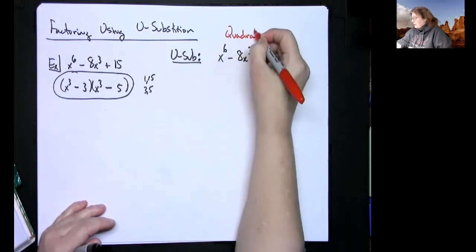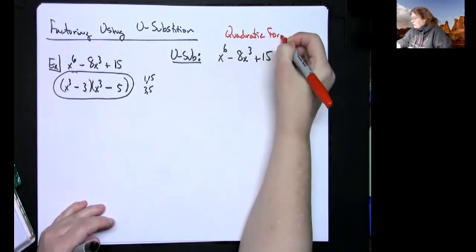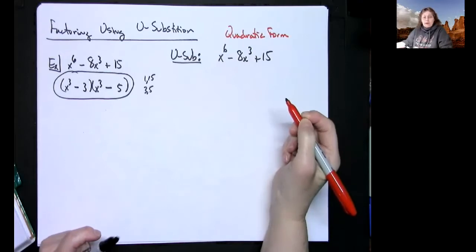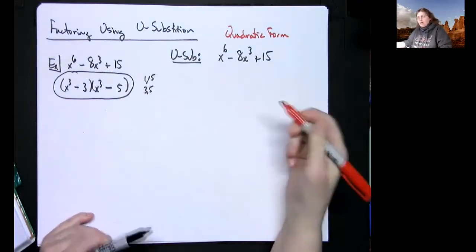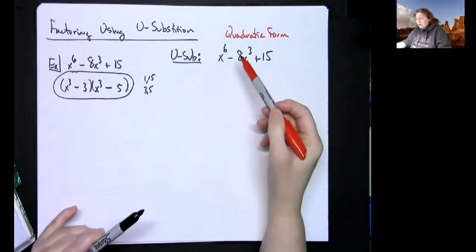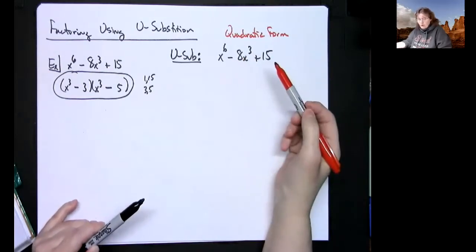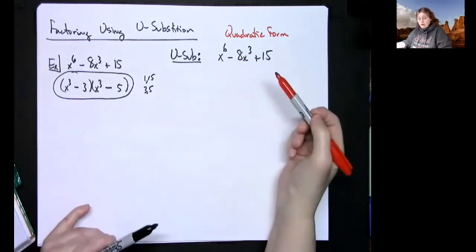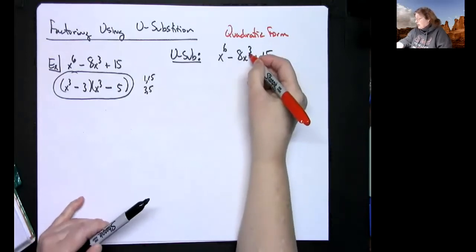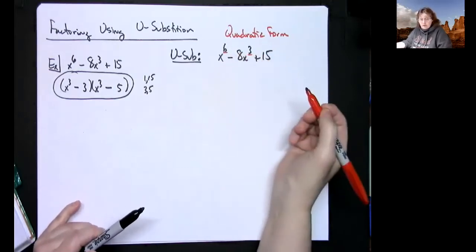Later in this chapter, or maybe in another chapter actually, we will deal with solving equations in quadratic form using this U substitution. So first of all, you have to know when it is in quadratic form and when it's not, and it's because the 3 is half of the 6.